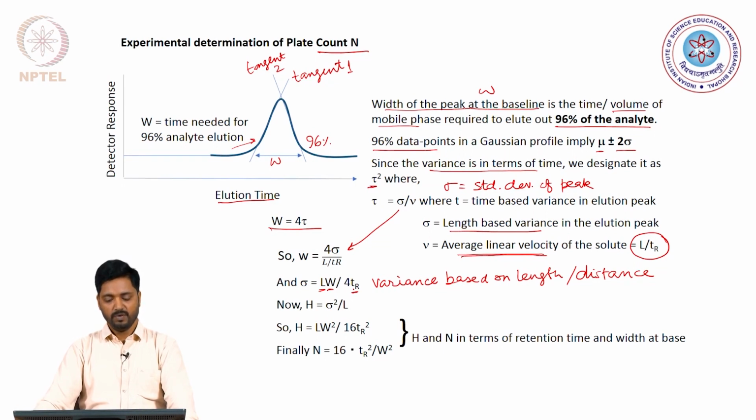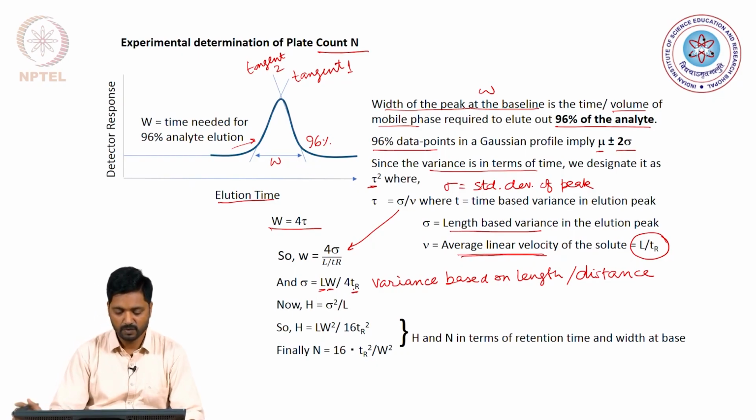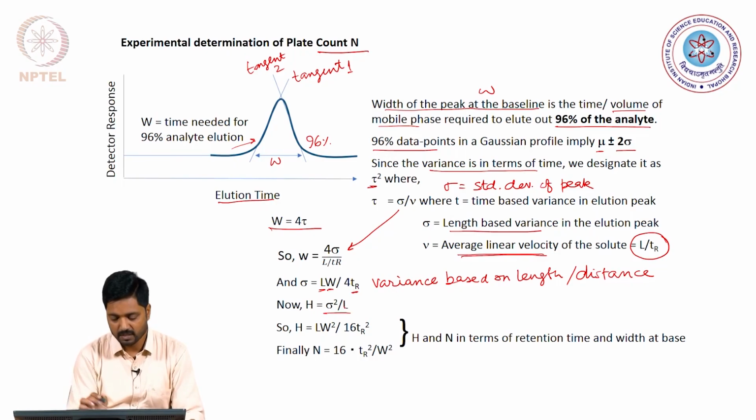So, we can figure out what is the variance based on the length from these inputs, and finally we can calculate the h value, which is the height equivalent of theoretical plate or the plate height, in terms of the variance in terms of length divided by the length of the column.